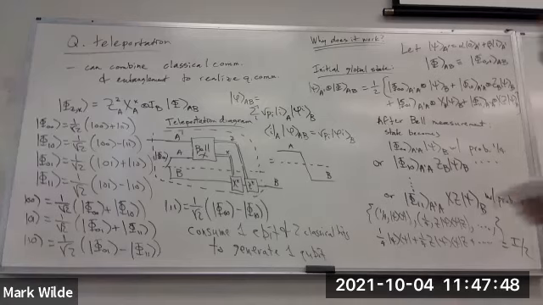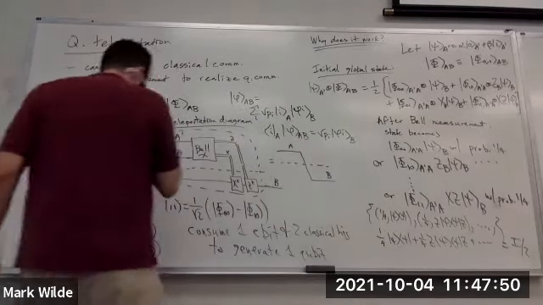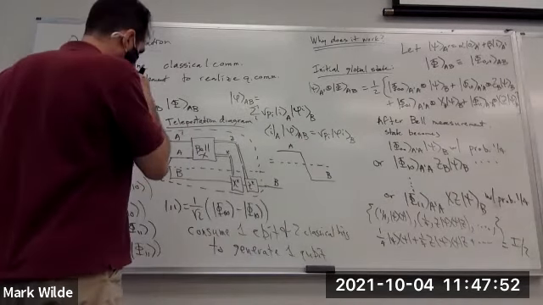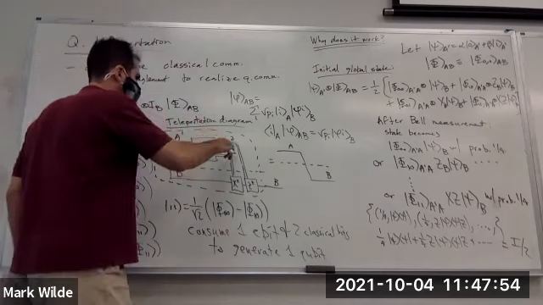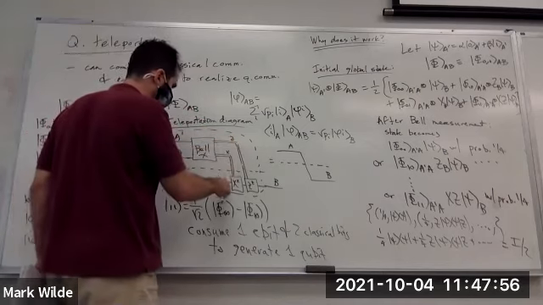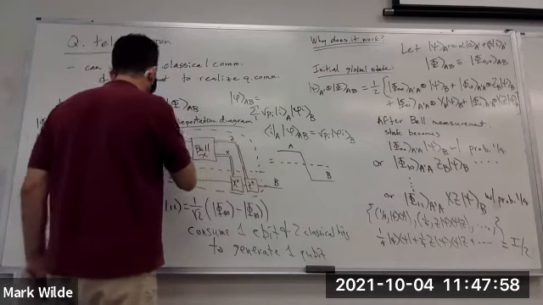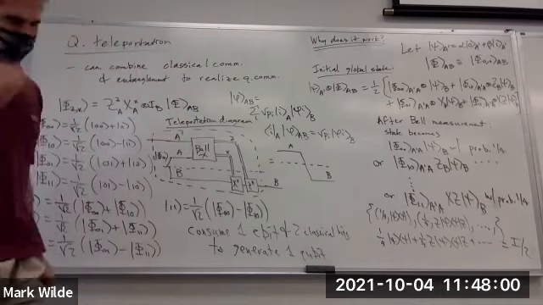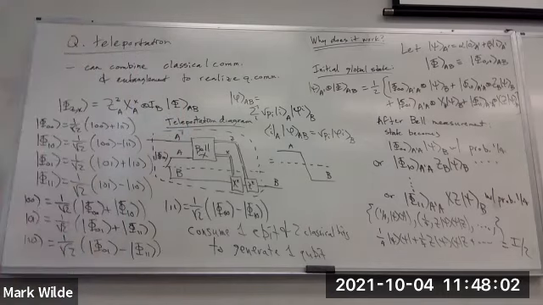So you have security in that sense. It's only if you have access to the classical bits and this quantum system that you can reconstruct the state that was teleported. Okay? So that feature of teleportation gets used in quantum key distribution protocols.